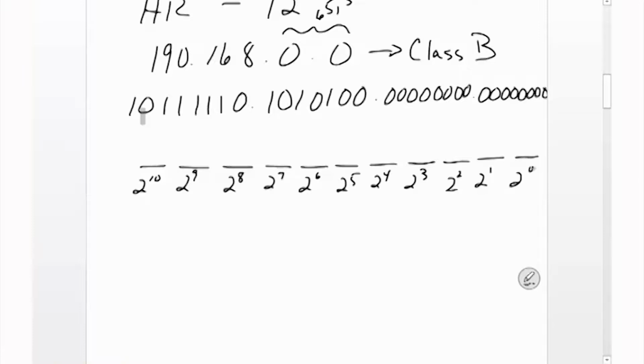And we're going to look at all these bits. I went up to 10 because 2 to the 10th equals 1,024, and I want to use that just for illustration purposes.